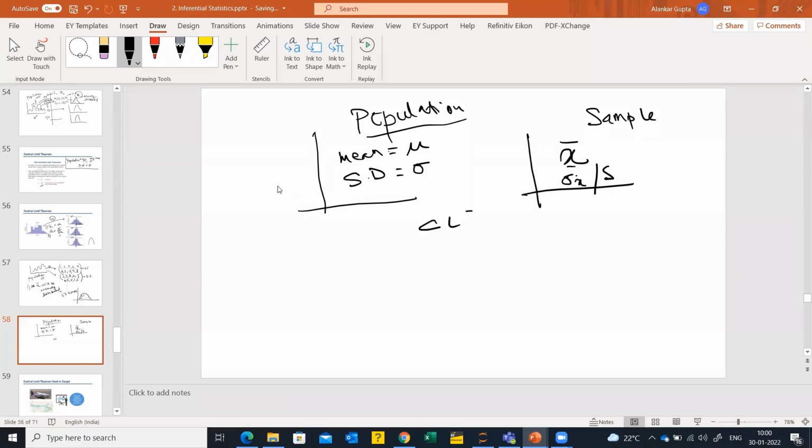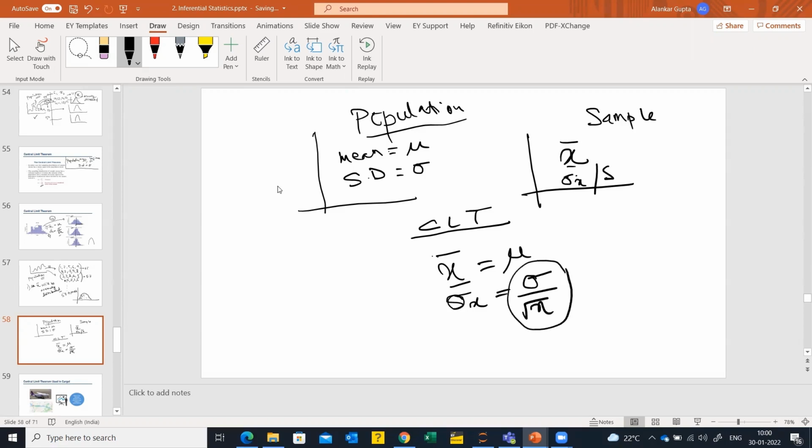So from the central limit theorem, we conclude that the mean is going to be mu, the same as the population, and the standard deviation sigma x bar is going to be sigma by root n, which, if you remember, is the standard error of means.